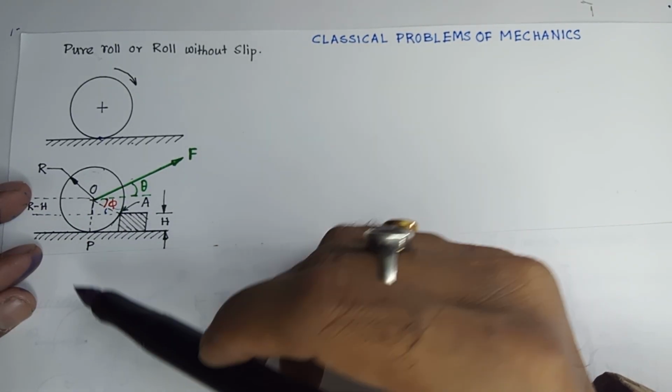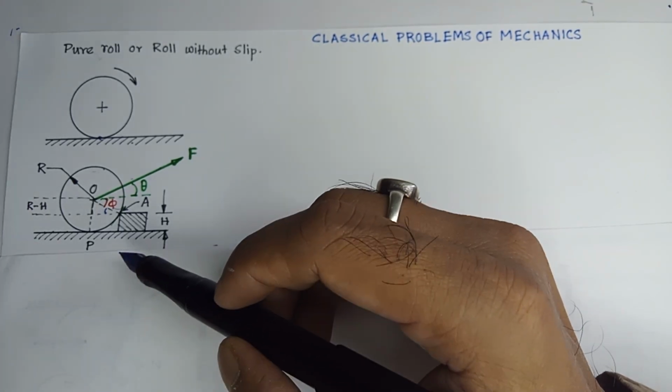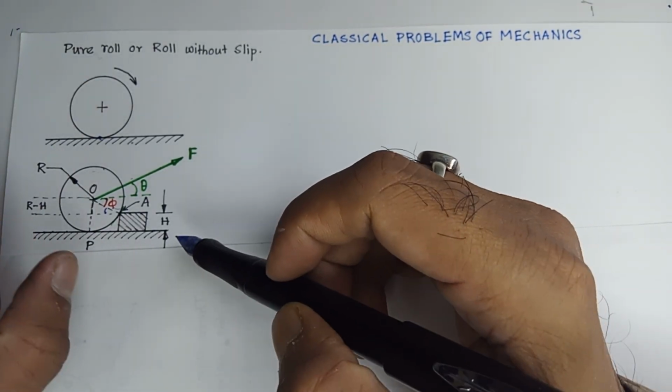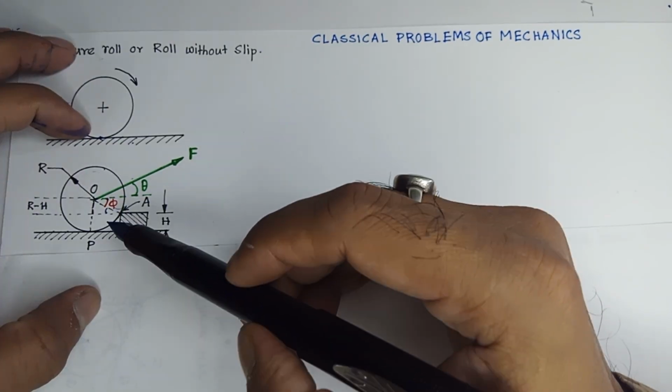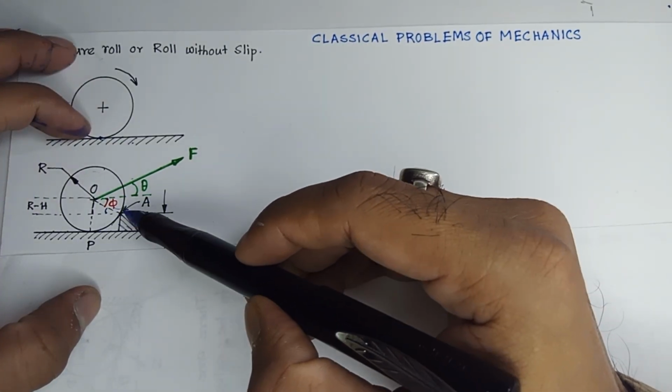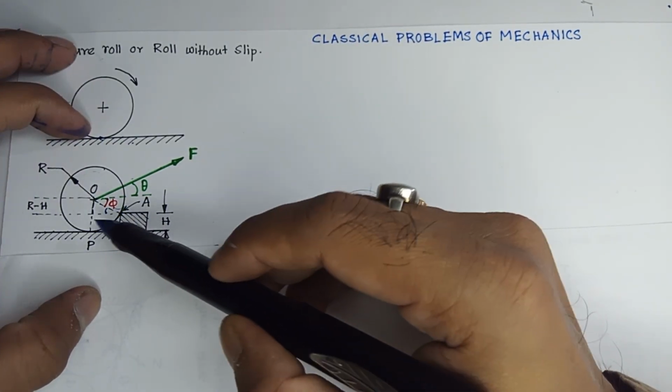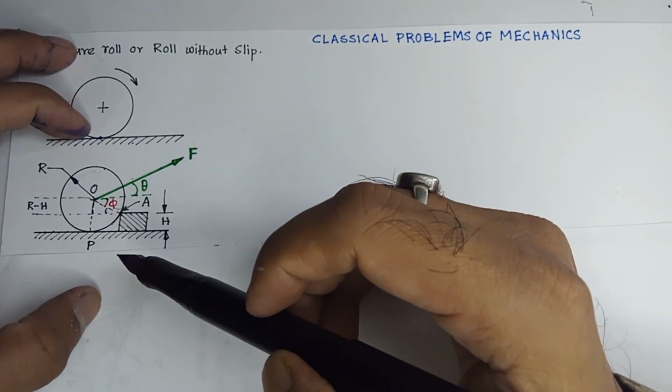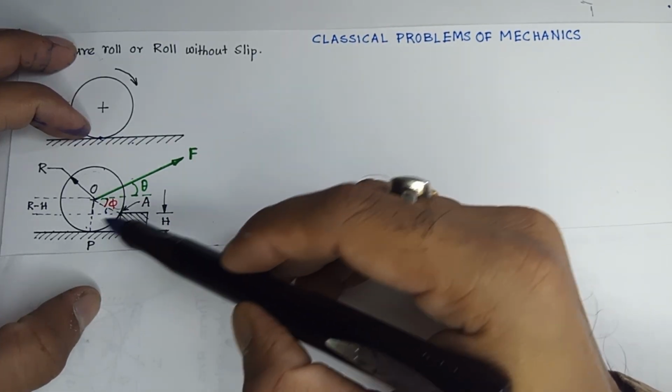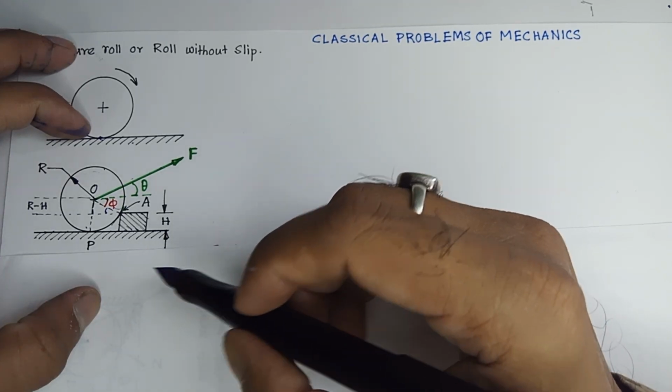The contact will be lost because of a very simple condition: for a rigid body, 2 points cannot have zero velocity when it is rotating. Two different points cannot have zero velocity when it is rotating.